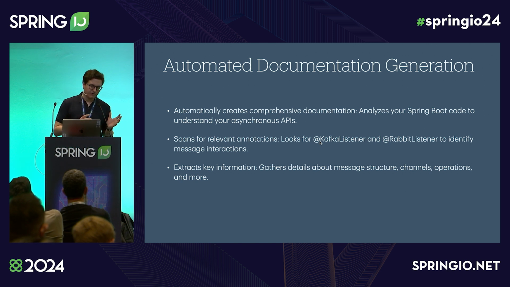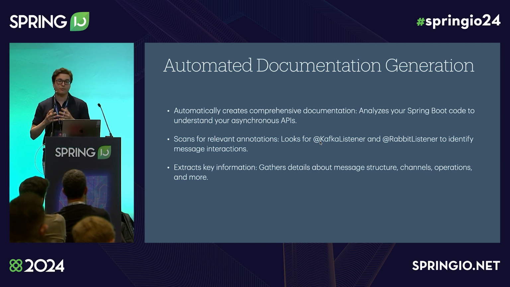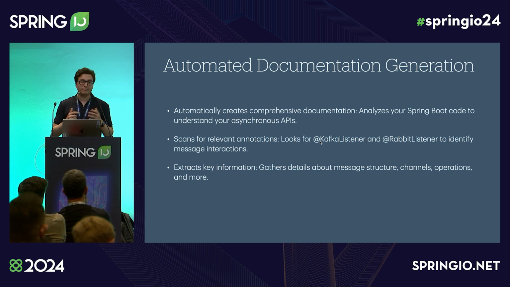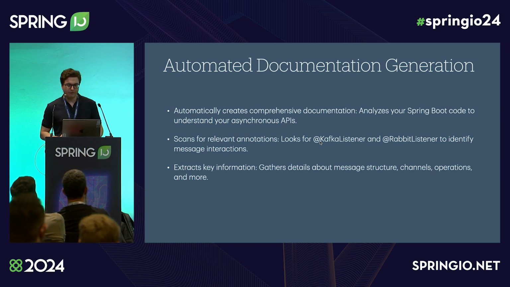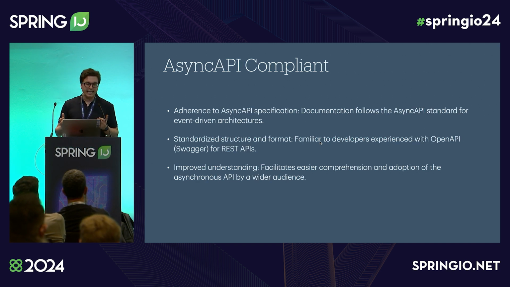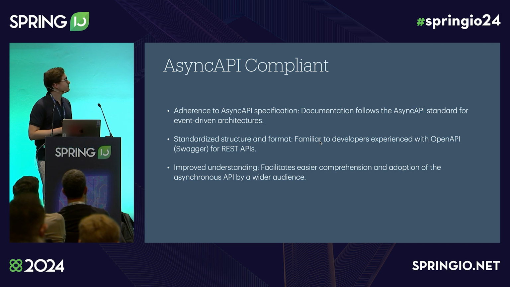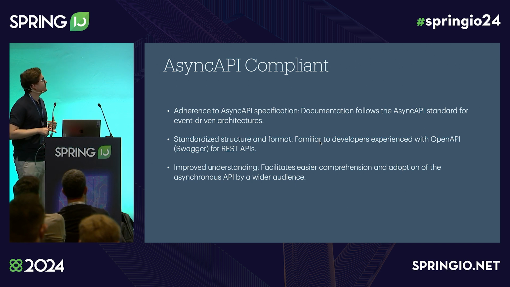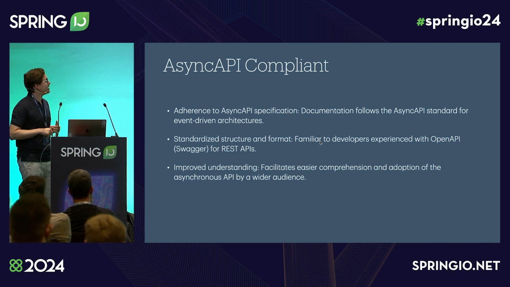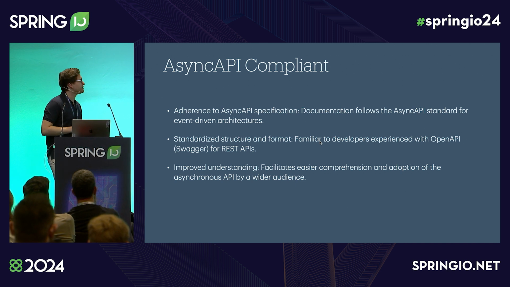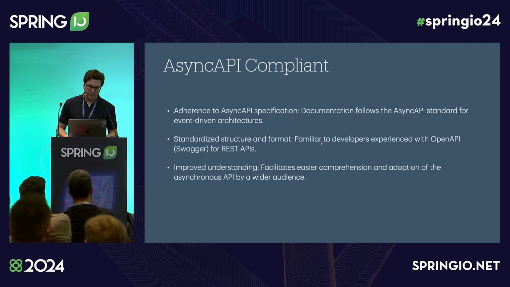Then it extracts information from your code, and builds the AsyncAPI file for you, right? So it means that it's AsyncAPI compliant. So it adheres to the AsyncAPI specification. It uses their standard structure and format, and also improves the understanding of your application.